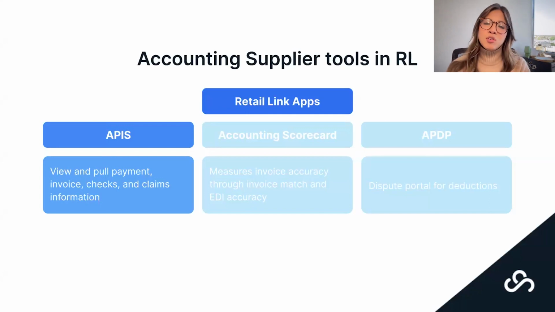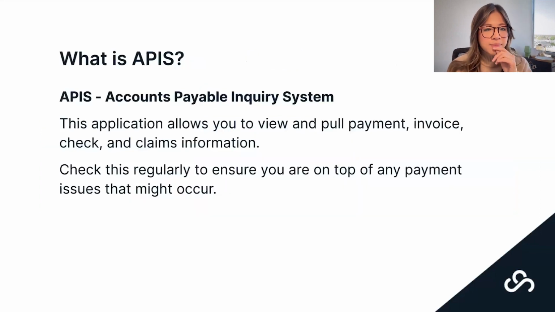If not, you can always talk to your Retail Link admin, and if they don't have access for whatever reason, you can contact the Retail Link help desk, and they'll make sure that you have access. This isn't something you need permissions for as a company. You can control who within your Retail Link users has access to it, but as a company, you should all have access to this.